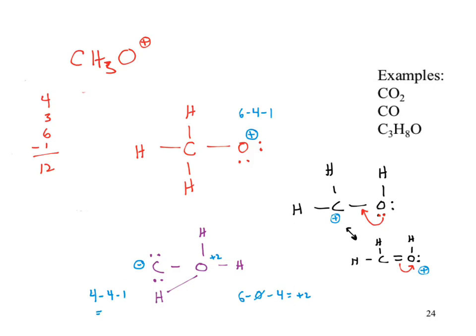If I can't get help from outside the system, where am I going to have to find help? Inside the system. Inside myself. Where do I find electrons to stabilize that positive oxygen? From the pi bond. Those pi electrons will come out and stabilize that positive oxygen, thereby making the carbon positive.